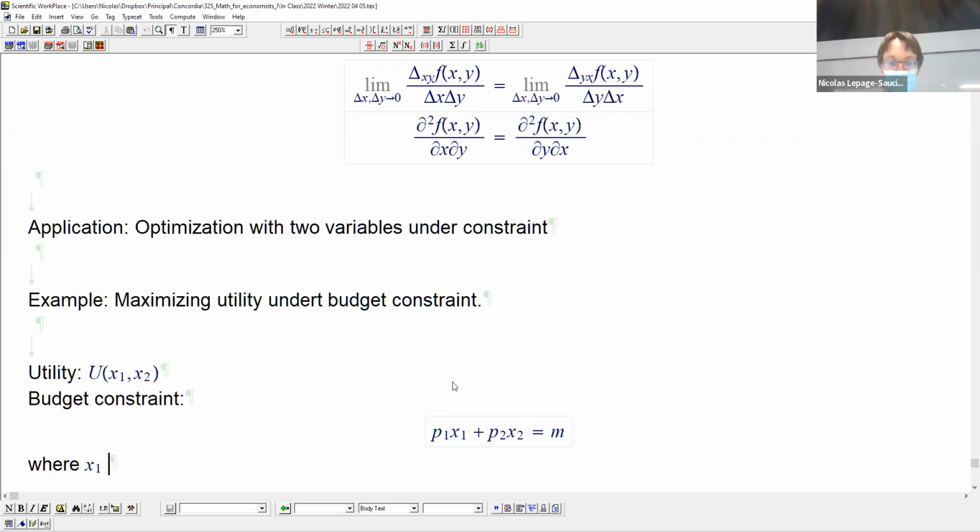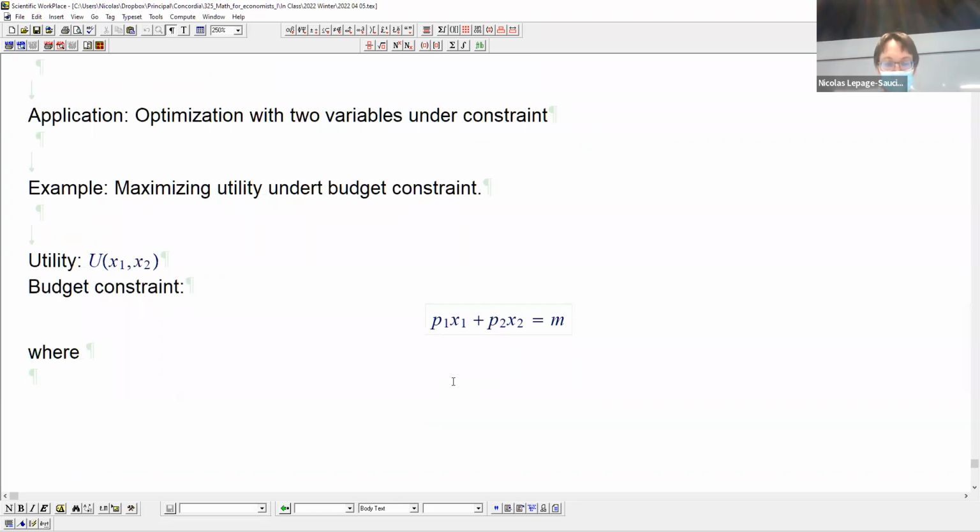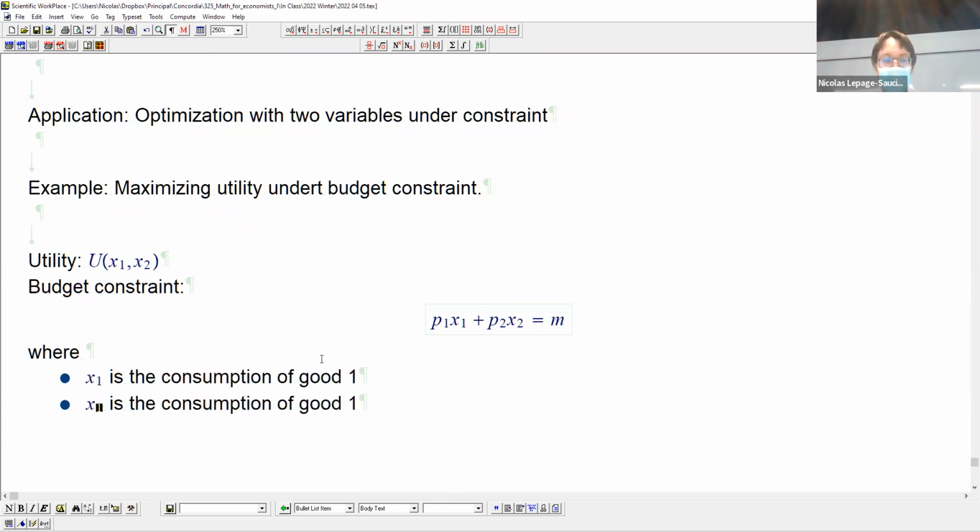So x1 is consumption of good 1, and x2 is consumption of good 2. By the way, this is important.